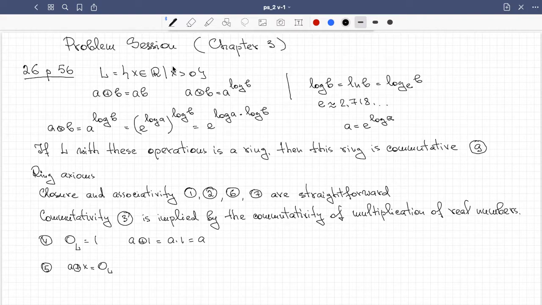You can easily check from this multiplication formula that the element negative a is simply the real number 1 over a for positive a. This is of course a positive real number, and 1 over a times a is 1, which plays the role of 0.